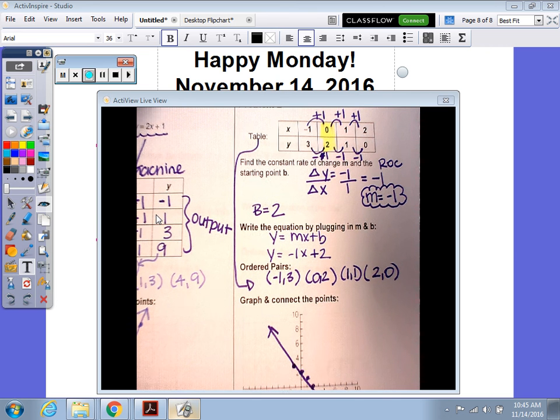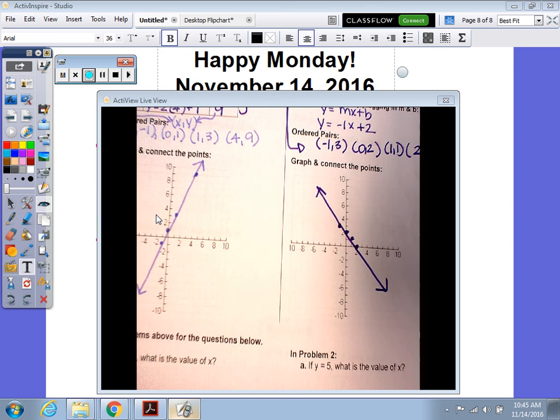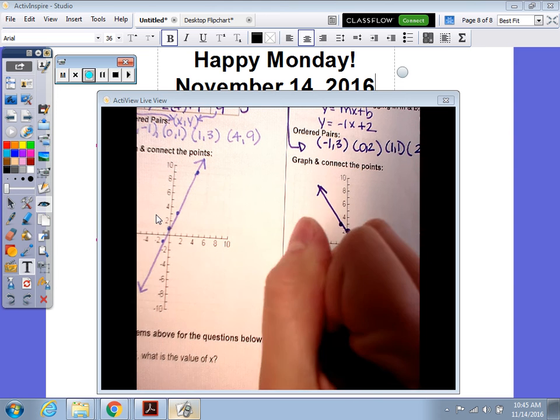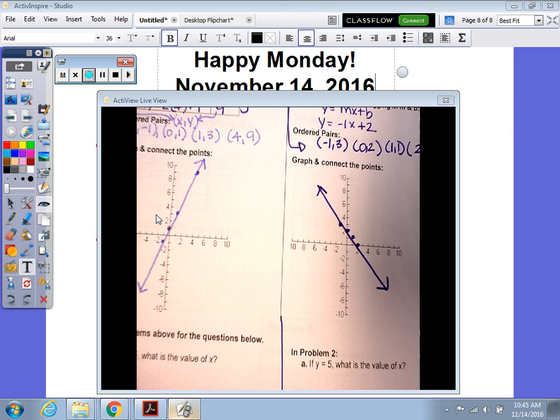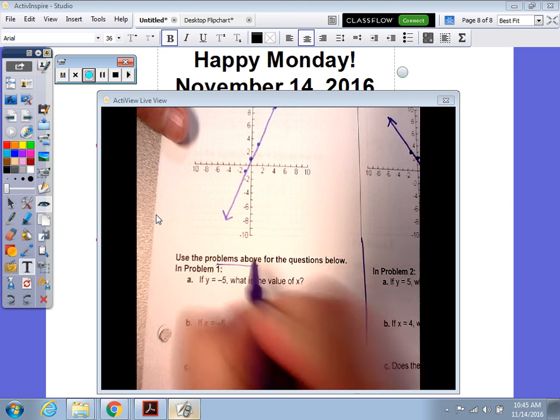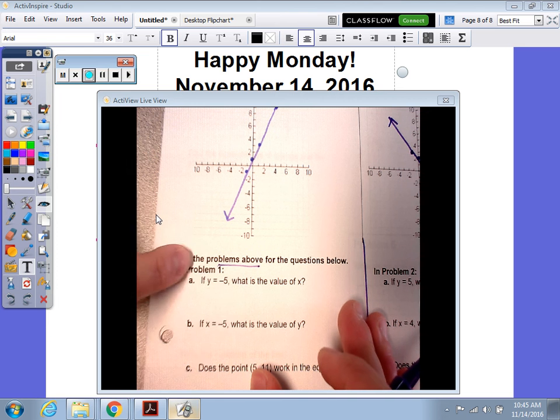All right, so real quick, we're going to do the problems at the bottom that I should have done as we went, but I didn't realize they were for the problems above. So use the problems above, this problem, to answer these questions.